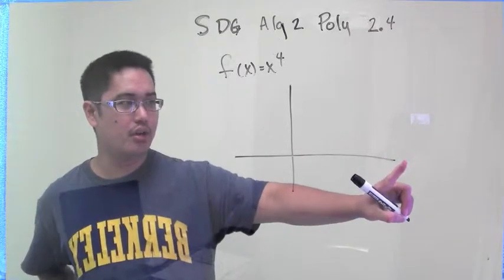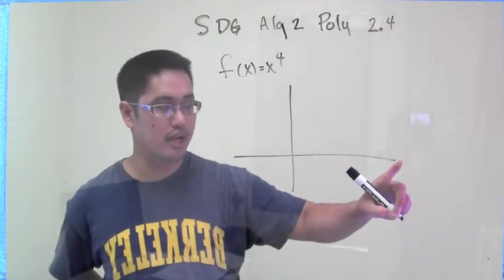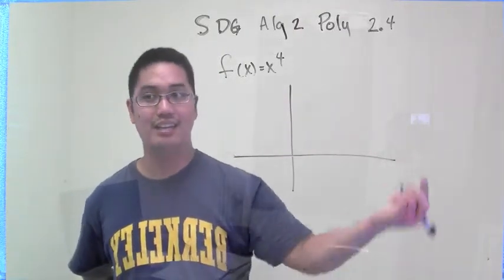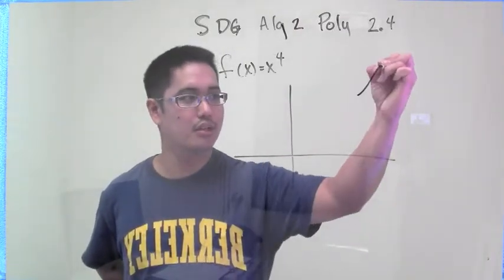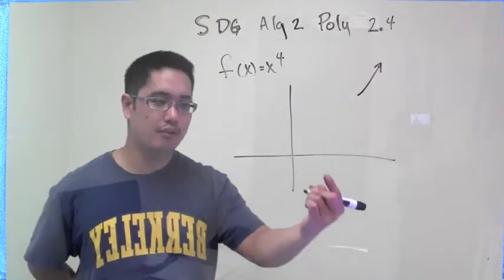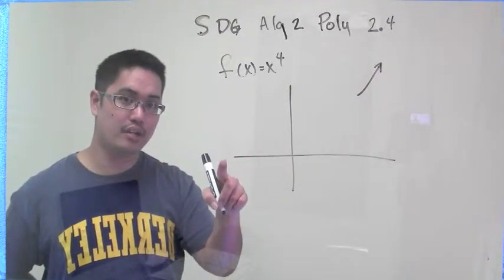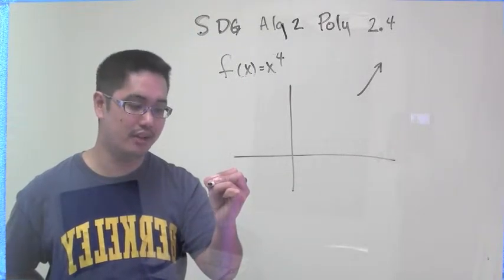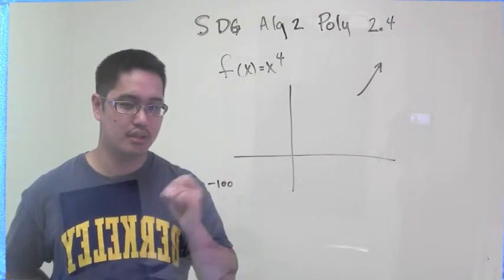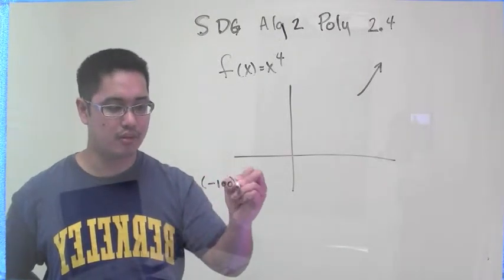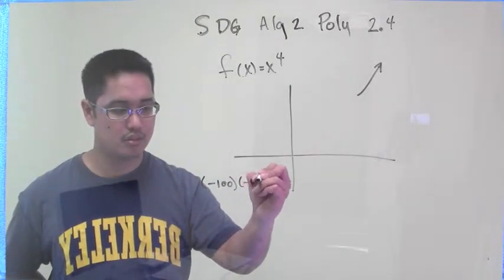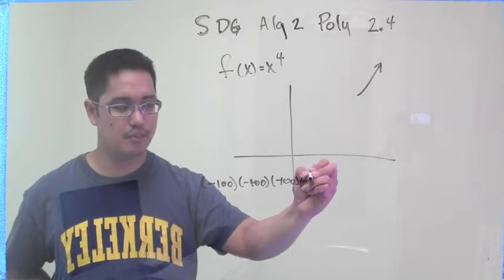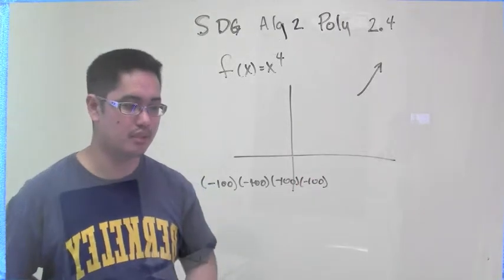At very, very large x values, if I take the 4th power of that, that's going to get extremely large. Now at very, very large negative values, like let's say I have negative 100 again, I'm going to have to raise that to the 4th power, which basically means multiply it by itself 4 times.